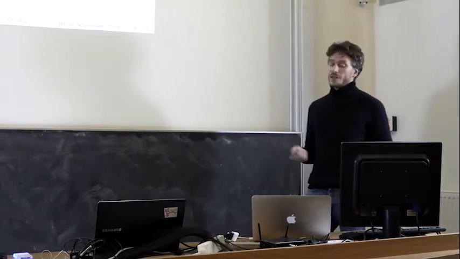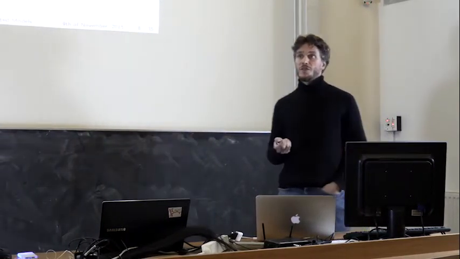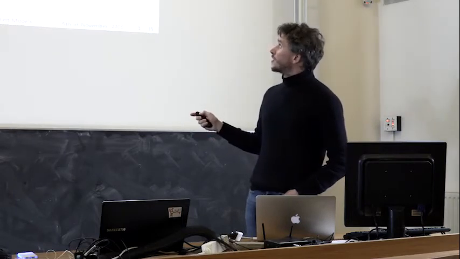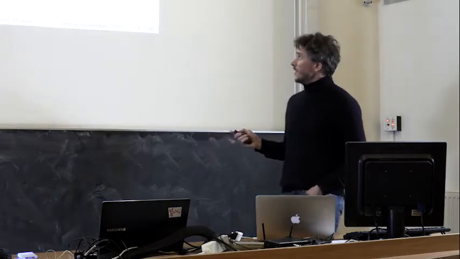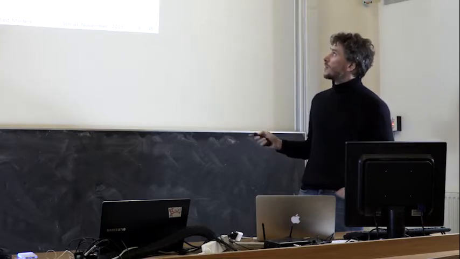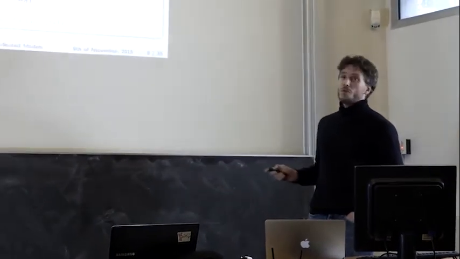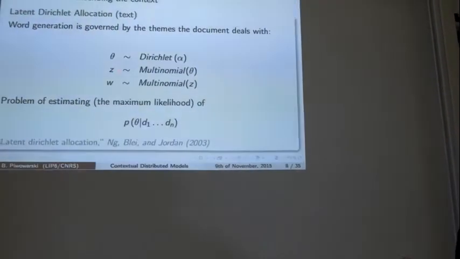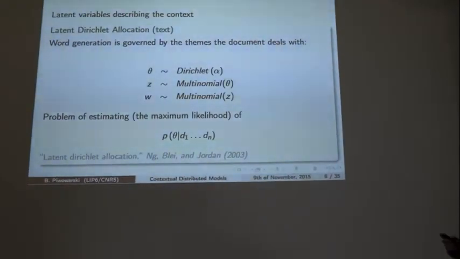So basically, this says that word generation is governed by a generative process: first you select a distribution of a topic following a Dirichlet law, and then you choose a topic with a multinomial whose parameters depend on what you've drawn from the Dirichlet, and then you select a word within the vocabulary which follows the multinomial parameterized by the topic you've selected.